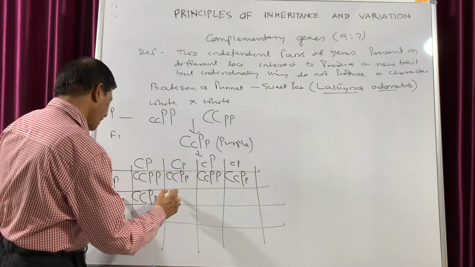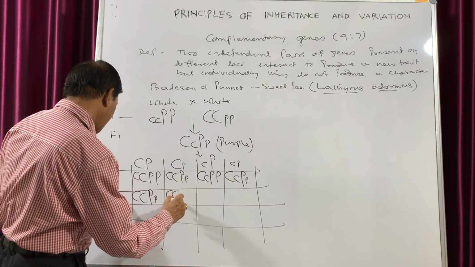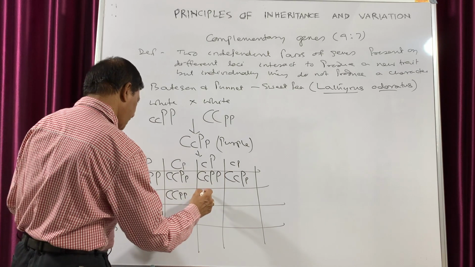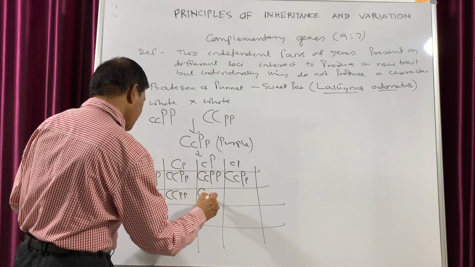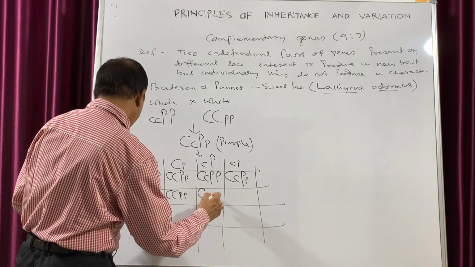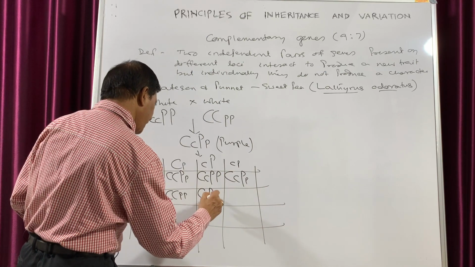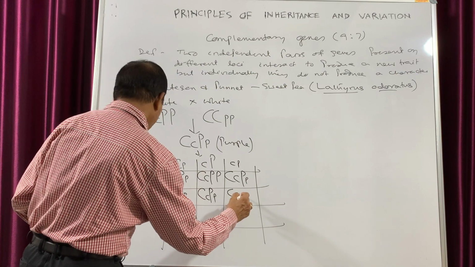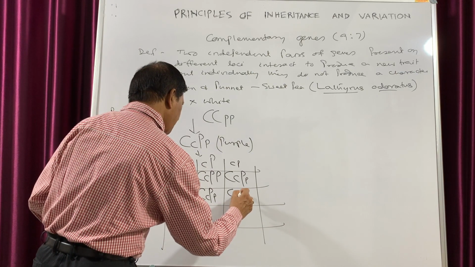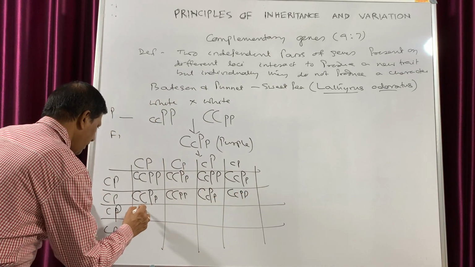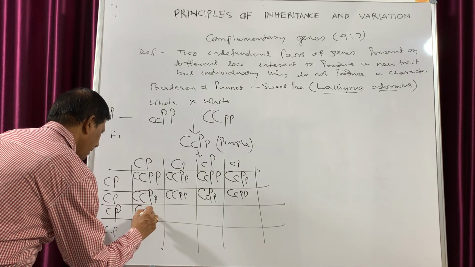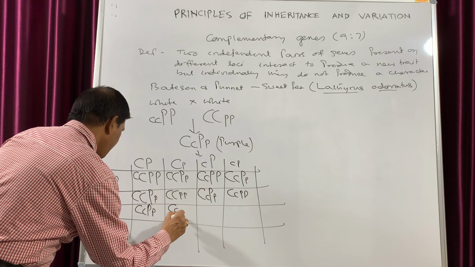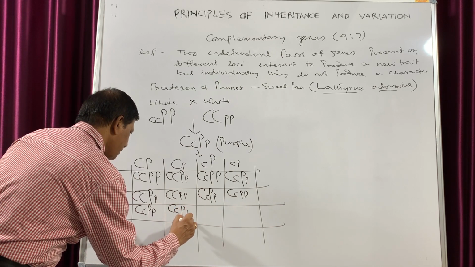Then this one capital C and small p. This one capital C, small c, and capital P, small p. Then this one capital C, small c, and small p. This one capital C, small c, capital P, small p. And this one capital C, small c, and capital P, small p.